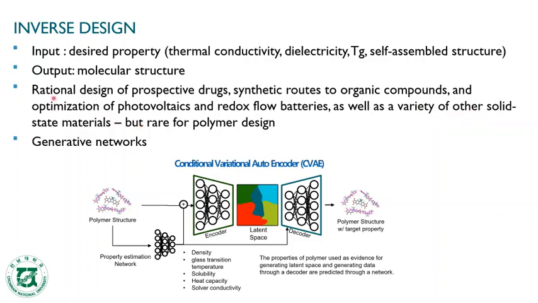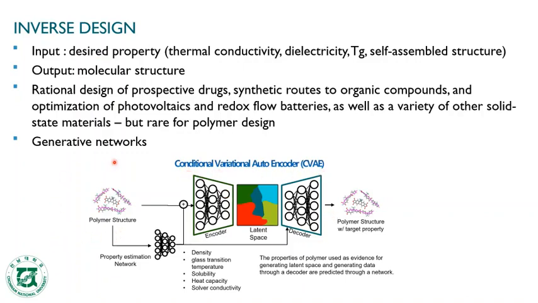However, this inverse design is not that actively used in polymer design. The key concept of inverse design is that you need a generative model. So again, let me show here the variational autoencoder, one of the generative models.